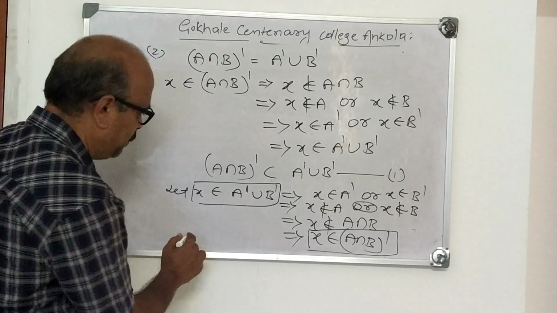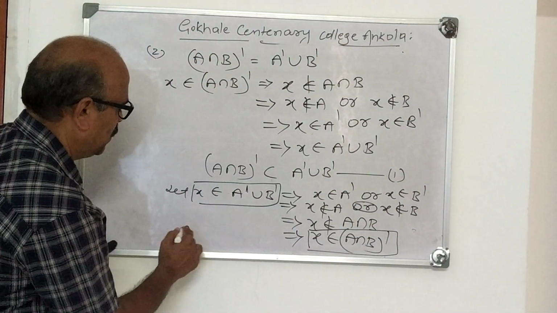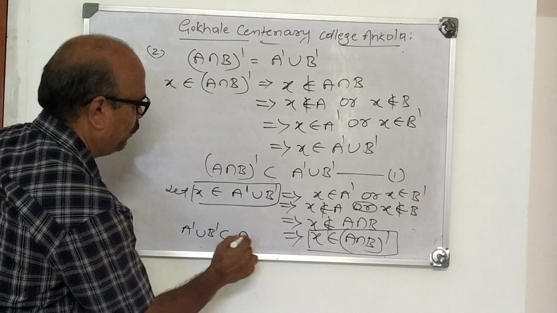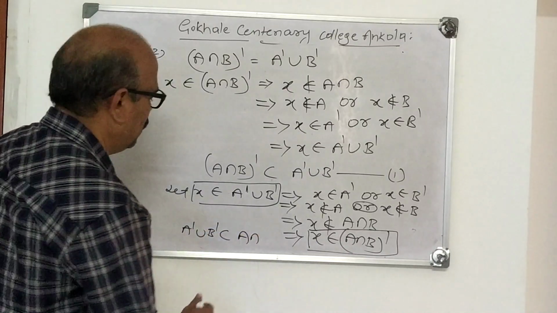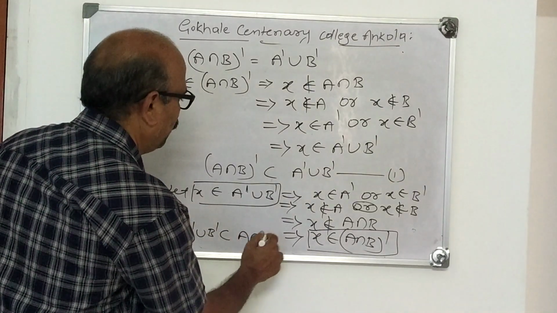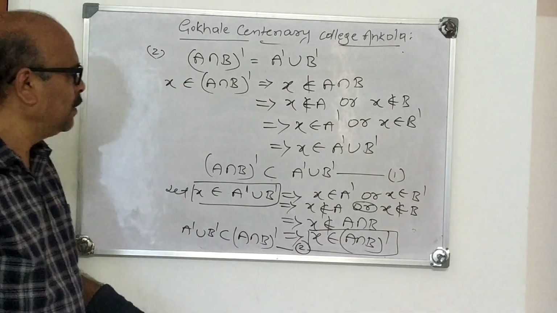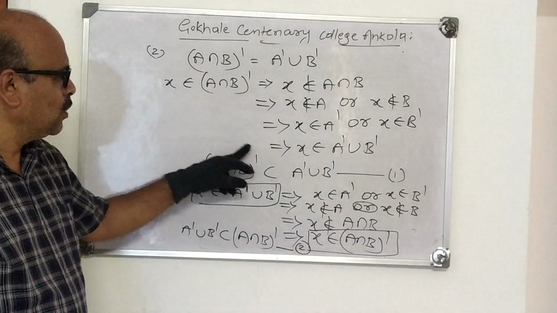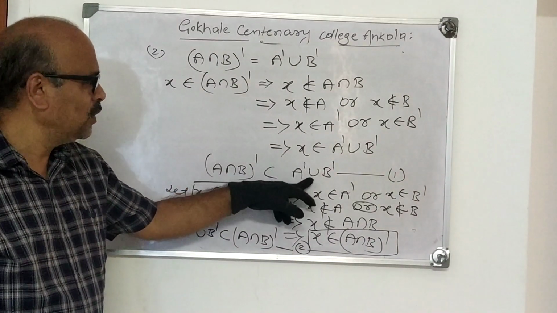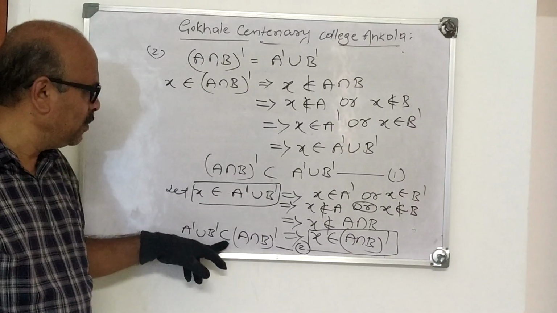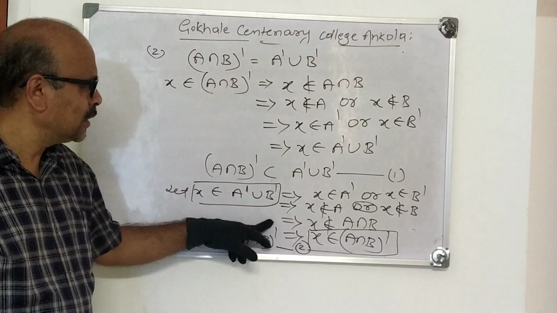This implies A complement union B complement is contained in A intersection B complement. This is 2. What is 1? A intersection B complement is contained in A complement union B complement. 2: A complement union B complement is contained in A intersection B complement.